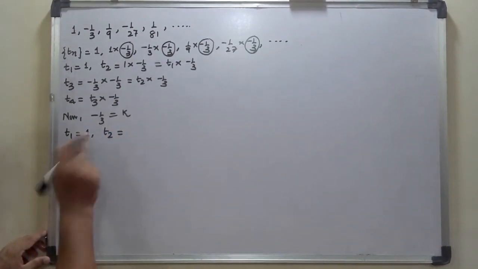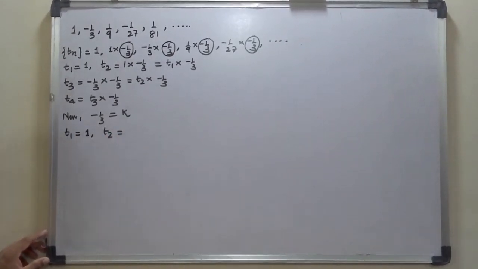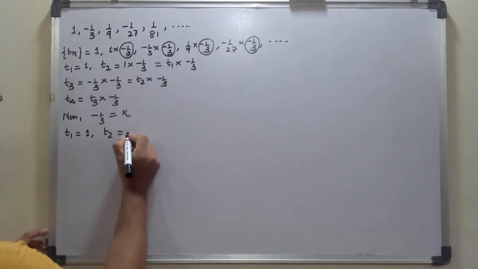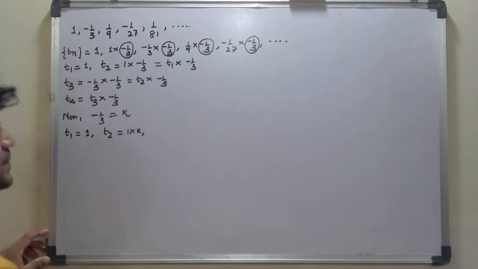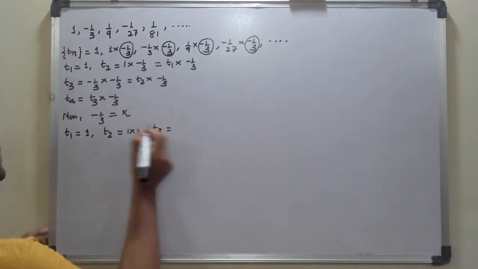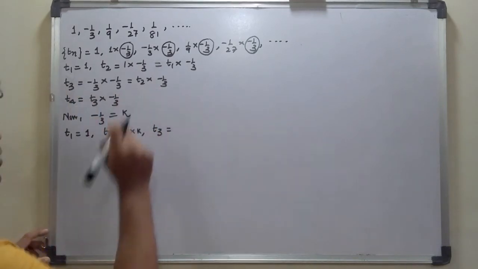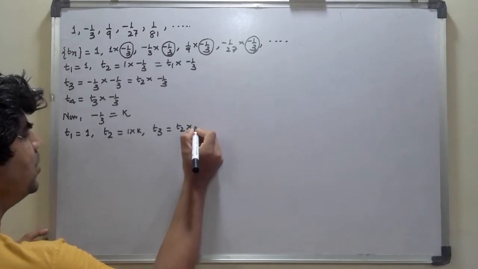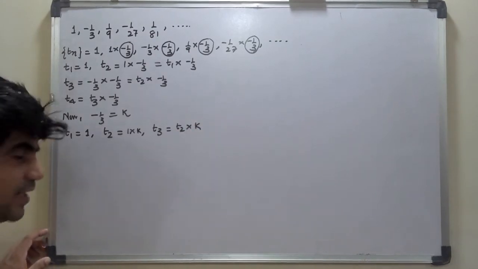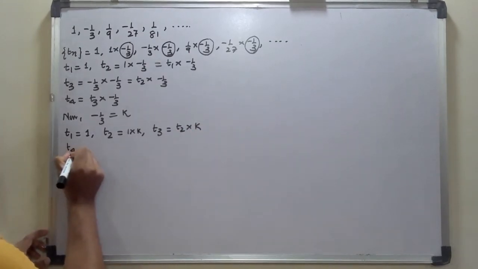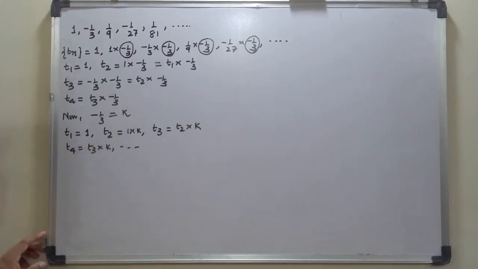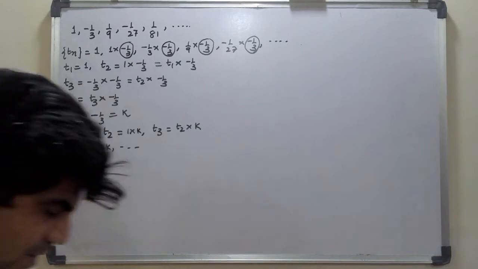T2 is this one, that is T1, 1 into K, right? T3 is your T2 into K, right? And T4 is obviously T3 into K, in short, right?